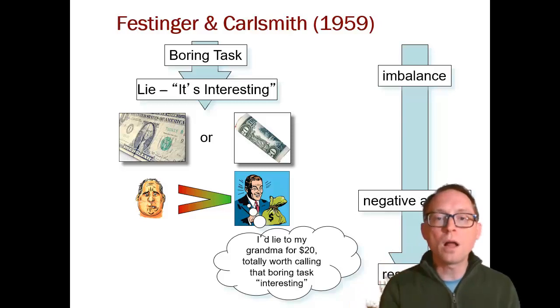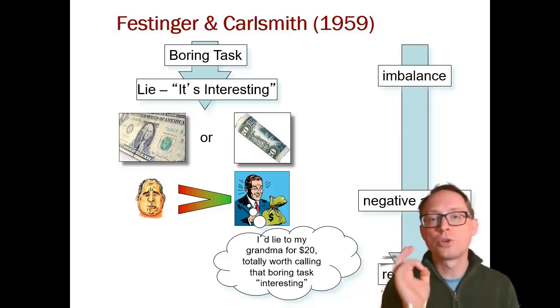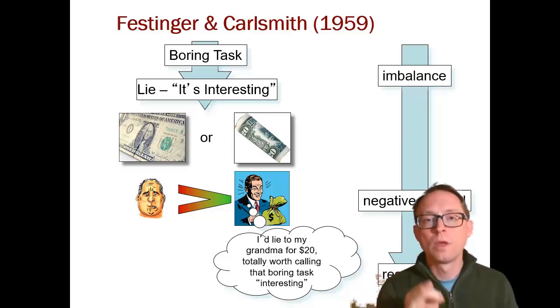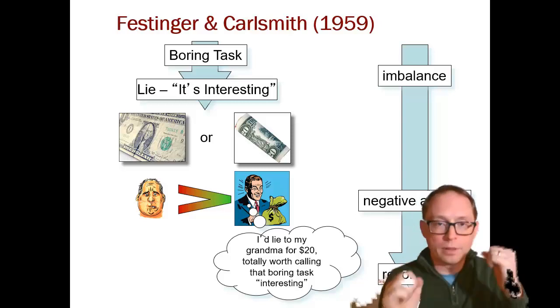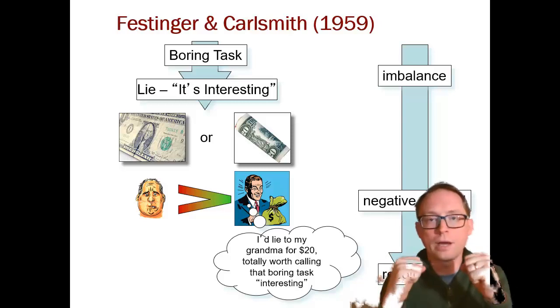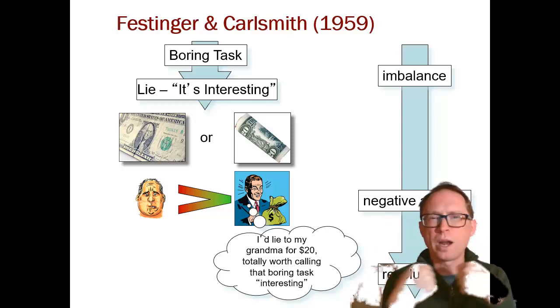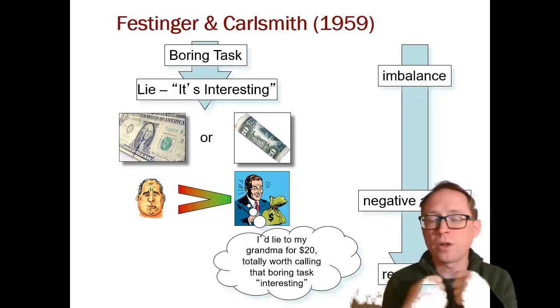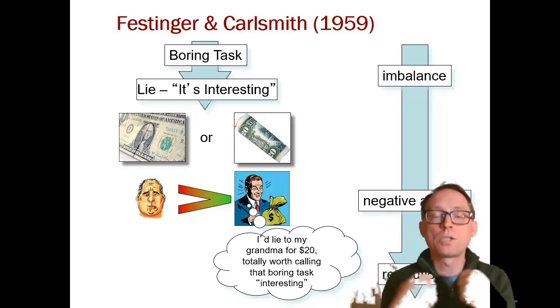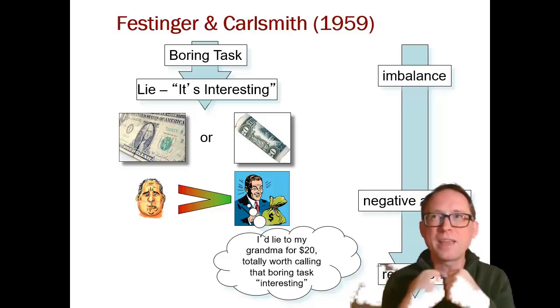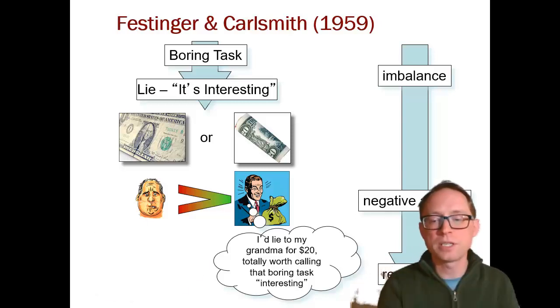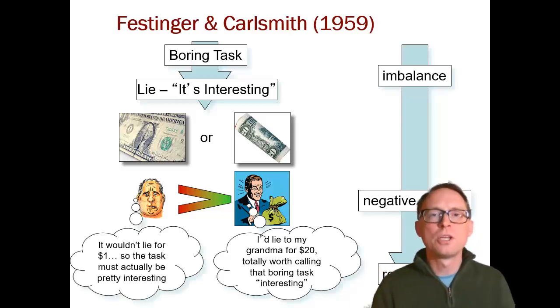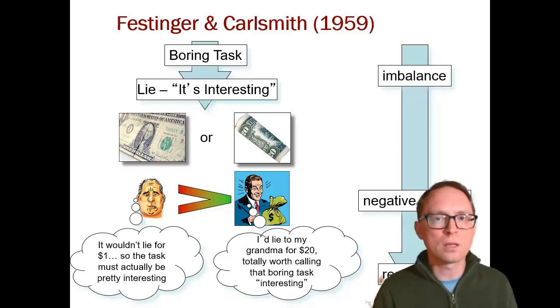No, the $1 was not enough to resolve the dissonance. Everybody lied. I don't think lying is a good thing, that clashes, so why did I do it? Gosh, I only got $1. That's not enough. I need something else besides the dollar to resolve the dissonance. And the answer is, I wouldn't lie for $1, so I must have really liked it.